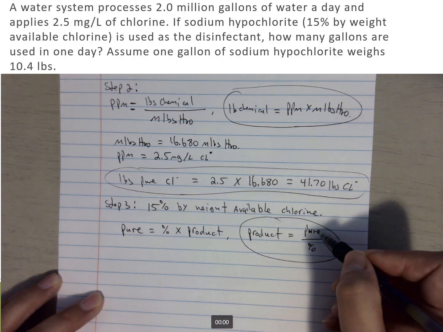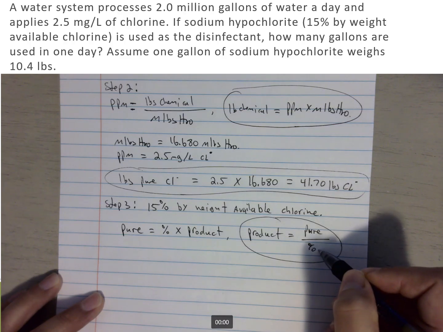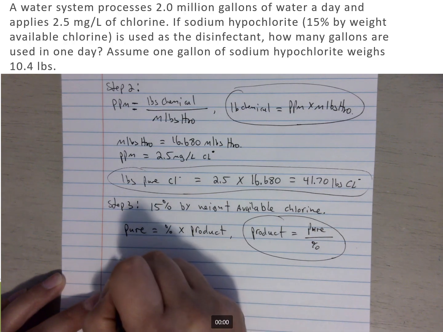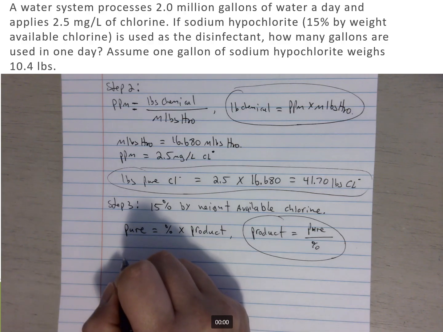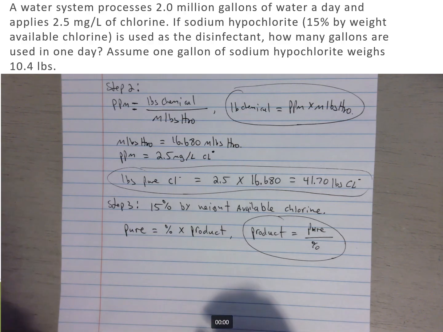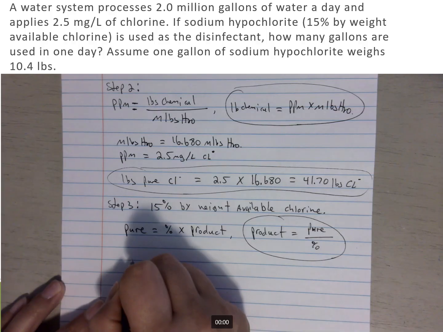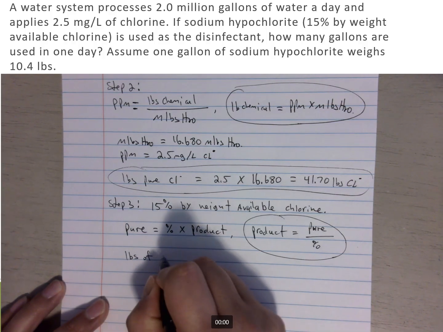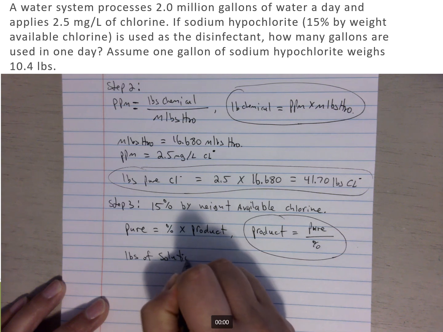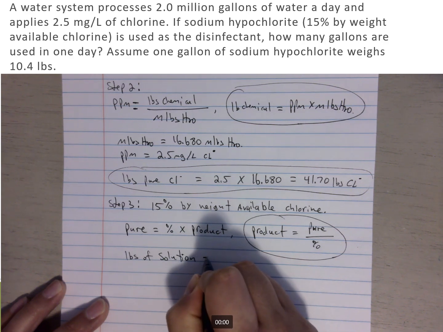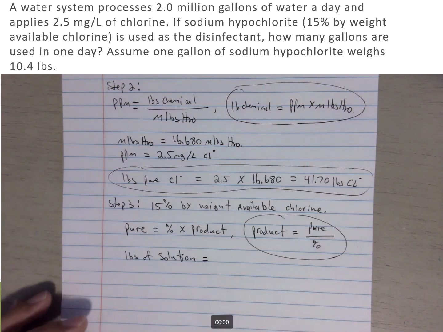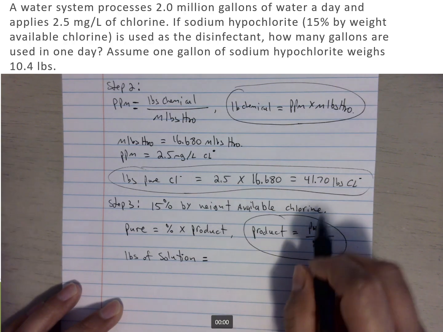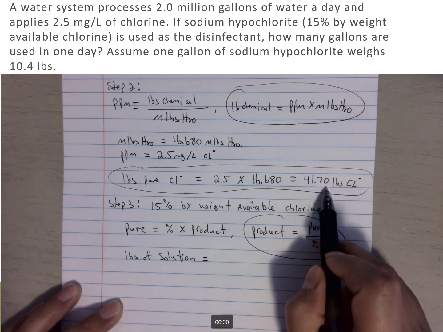Because we have the pure and we have the percent. And we want to find the product, right? So let's go through and let's solve that. So if we take a look, the product, pounds, and that's of the solution, right? Pounds of solution, pounds of sodium hypochlorite, that liquid, right? Equal to the pure, which we found in the previous step, right?